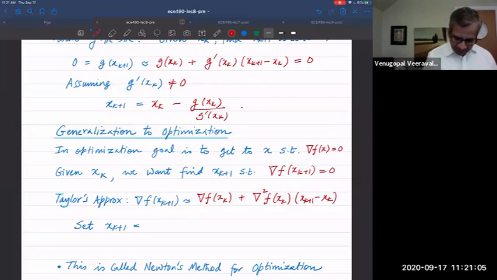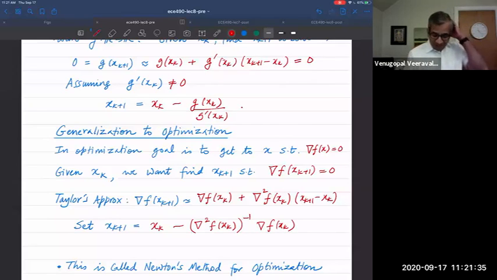So this gives us an equation for xk plus 1 in terms of xk. Now there's a matrix multiplying, so we have to invert this matrix. So let's do that. You get xk plus 1 equals xk minus the inverse of the Hessian of f at xk times the gradient.